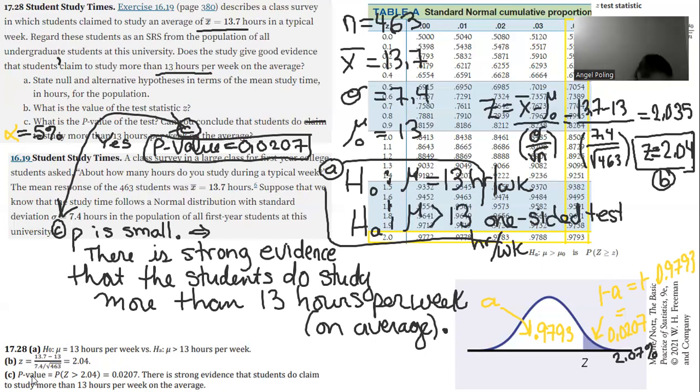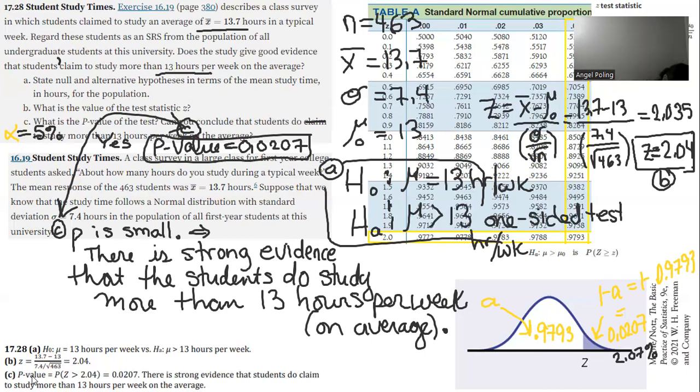Okay, so let's see. And then they have the same z-score as us, check, check, and the same p-value as us. Oh yeah, I forgot. I meant to write it well. Okay, so let me write it well.